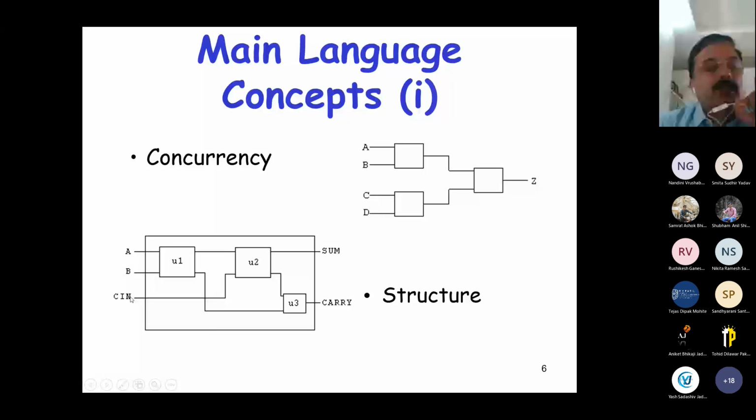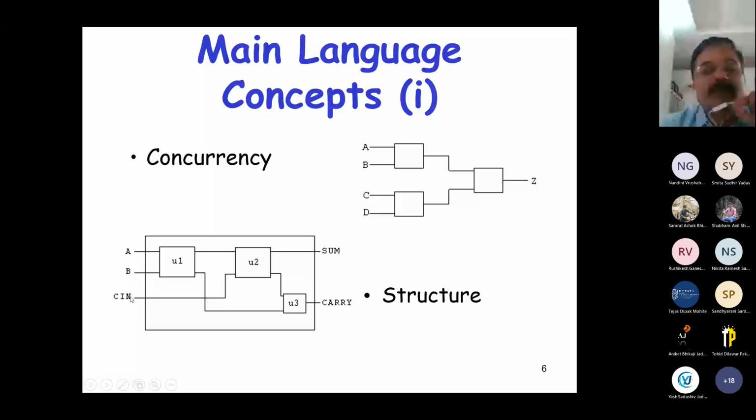So you can say that this is a full adder design because it has a carry input, and A and B are the inputs. U1 and U2 here are the half adders. So we can say that a full adder is designed here by using two half adders. U1 and U2 are half adders, and U3 is the gate which is used to generate the carry.